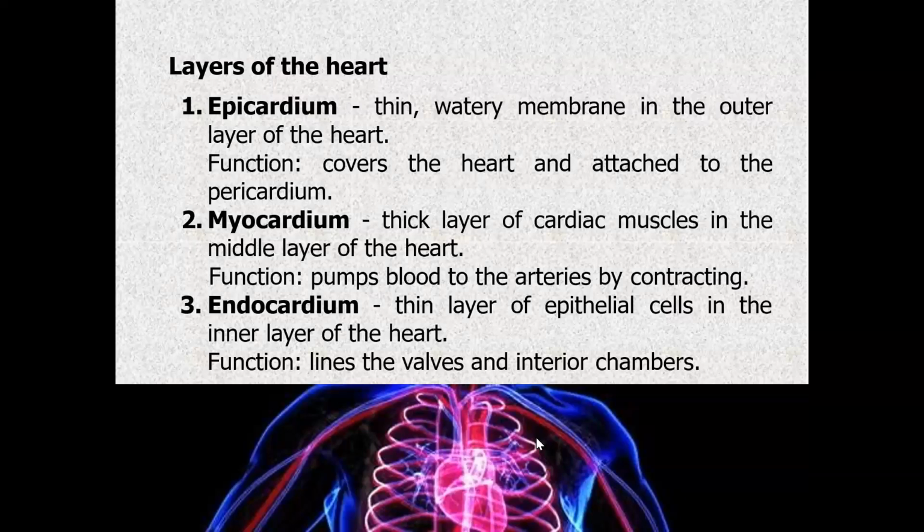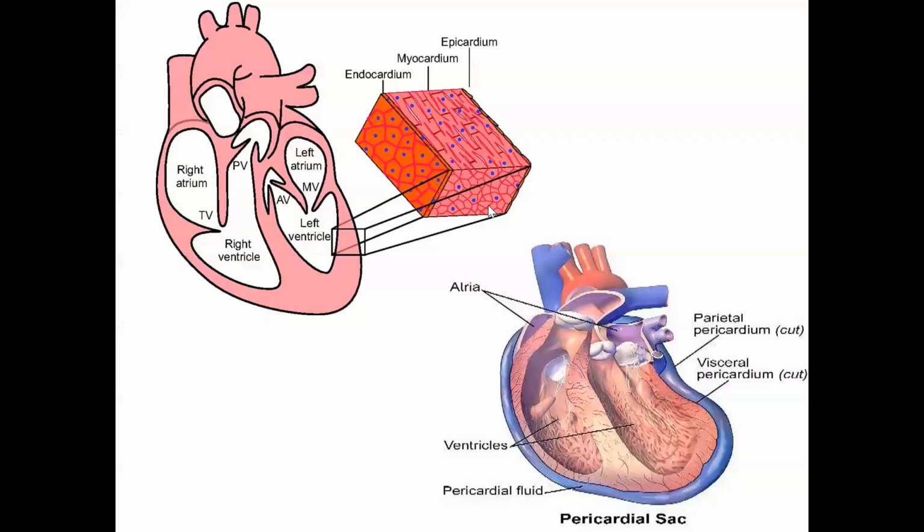Okay, pericardial sac. So in the layers of the heart, we have the epicardium. Epicardium is a thin, watery membrane in the outer layer of the heart. It covers the heart and it is attached to the pericardium. Class, ito yung pericardium natin.